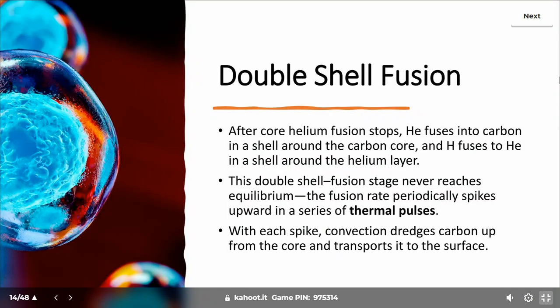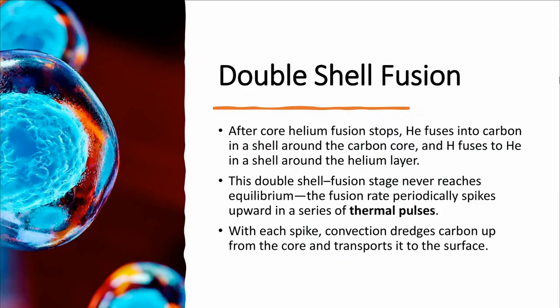This phase is called double shell fusion. So you've got a core that's made out of carbon that's not doing nuclear reactions. Then outside of that, you have a shell of helium that's fusing. And then outside of that, you have a shell of hydrogen that's doing fusion reactions.